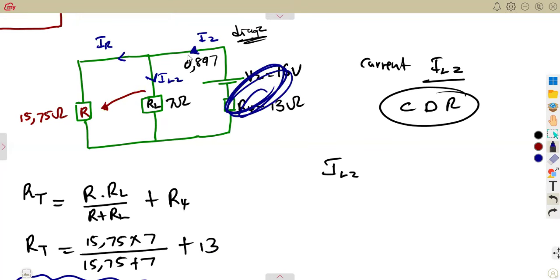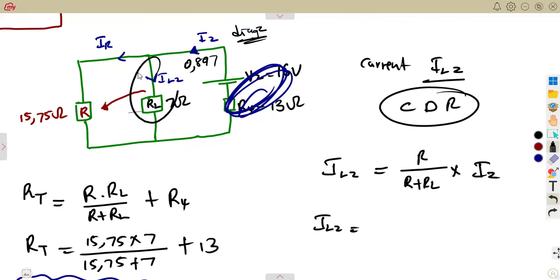With I2, you're talking about where it is entering, where it is feeding, where it is going. It is these two resistors. So it's going to be R on top, R over the sum, R plus RL, times the total current being supplied. That gives us the load current, where R is 15.75 from those calculations that we made.